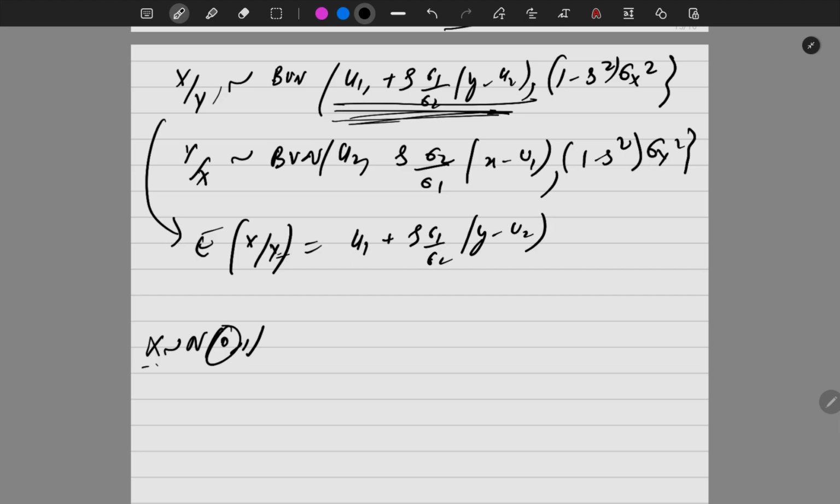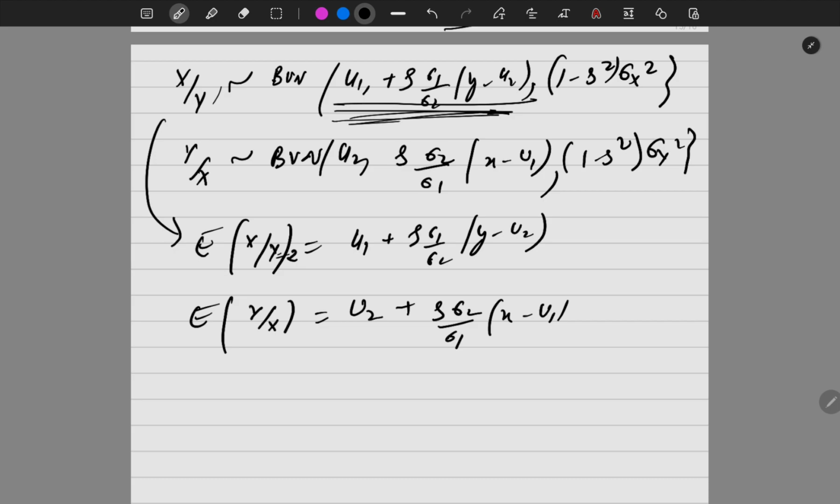If you are given y is equal to 2, you put y is equal to 2 here, and mu 1, mu 2, sigma 1, sigma 2, rho are already given in the PDF, right? Similarly, expectation of y given x will be mu 2 plus rho sigma 2 upon sigma 1 (x minus mu 1). This is plus here.